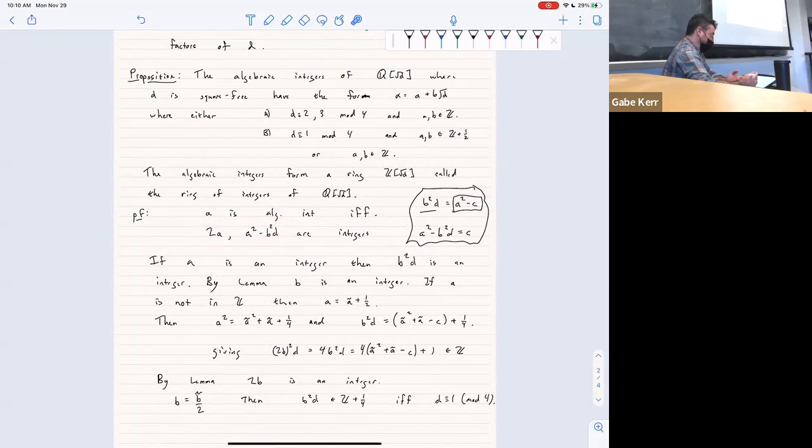And conversely, if b is an integer, then a also has to be. If a is an integer, then indeed b is an integer. Now suppose a is not an integer. It's of this type. Then we get that b is also of that type, b is b tilde divided by 2.